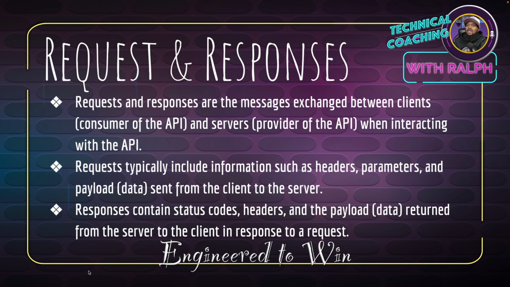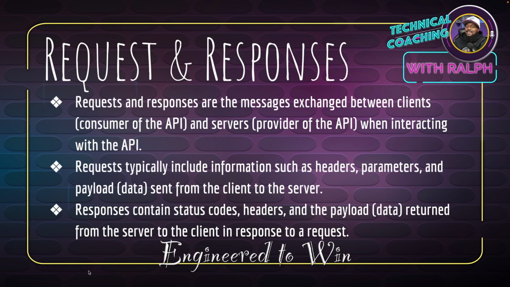So what's next? Requests and responses. Requests and responses are the messages exchanged between clients, the consumer of the API, and servers, the provider of the API. So think about that. The client is the consumer and the server is the provider when interacting with the API. Requests typically include information such as headers, parameters, and payloads, the data that's sent from the client to the server.